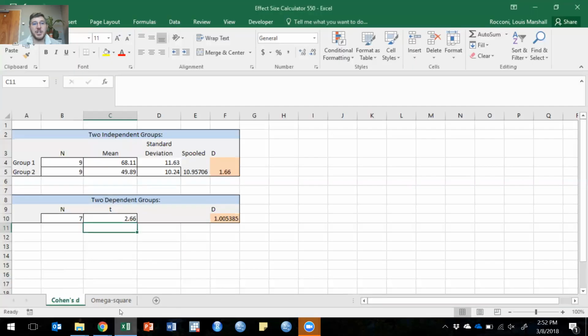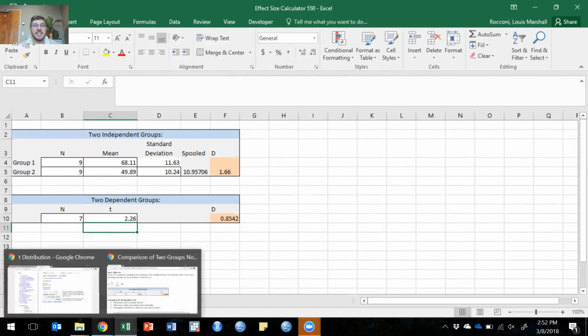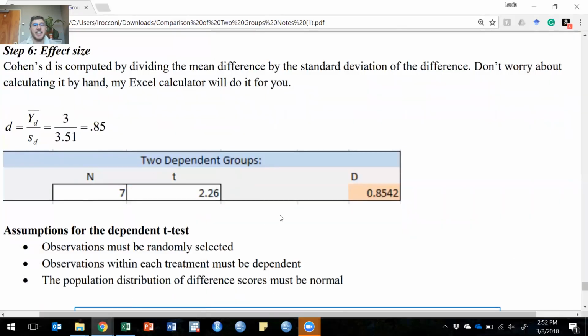Yes, 2.26, sorry, 2.26, and you get a Cohen's d of 0.85. So what that's saying is that people's perceptions of the company improved by around 0.85 standard deviations after watching the commercial. And according to Cohen's rules of thumb, he would say that was a pretty large effect.